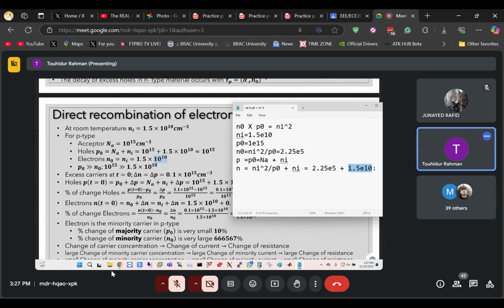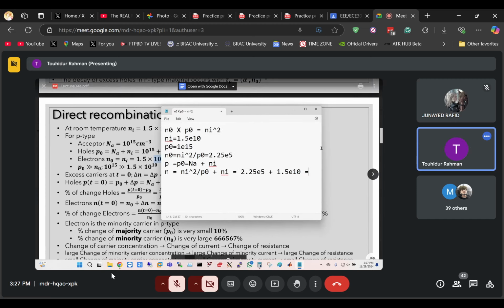So now if I want to write the total value, we can write it as 1.5 e to the power 10, almost equal, right? Like this, almost equal. Make sense now? Yes, sir. Thank you.